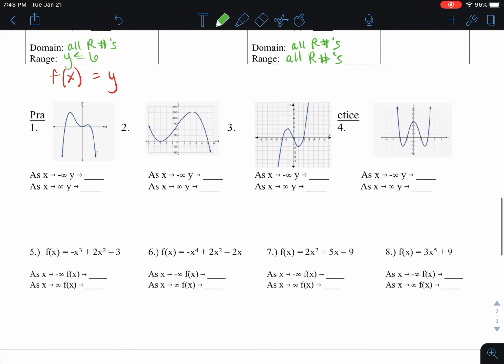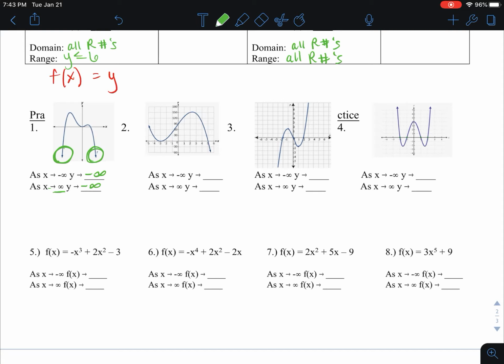All right, let's look at these practice questions down here. Okay, again, I know my copy's kind of messed up, practice is cut up, but don't worry about it, yours should be fine. Okay, so again, as x goes to -infinity, so that's the left-hand side, my y is going to -infinity. And as x goes to positive infinity, that's the right-hand side, it's also going down.